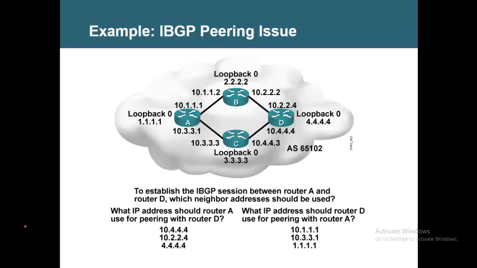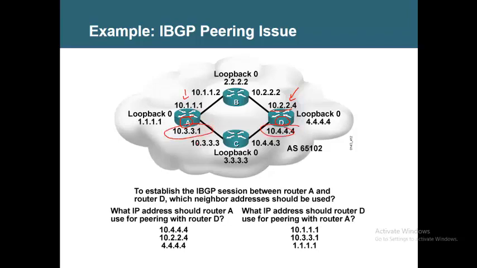Why can't 10.3.3.3 and 10.2.2.4 be used? See, that's what I'm asking you. If you say A can use this address as the neighbor address and D can also use this address, no?